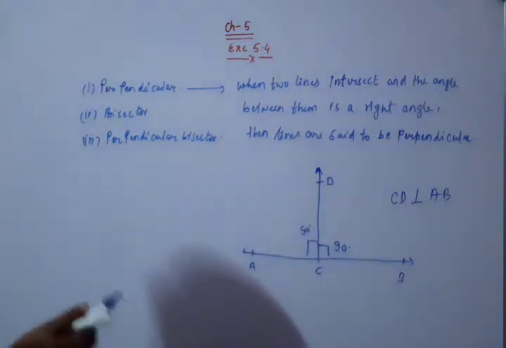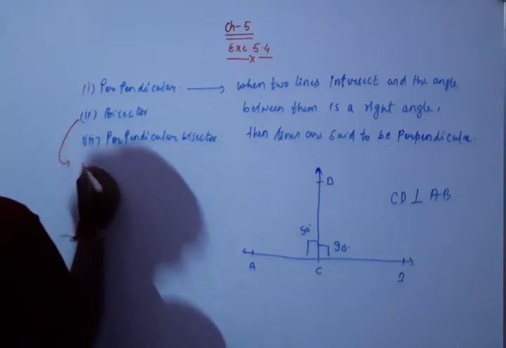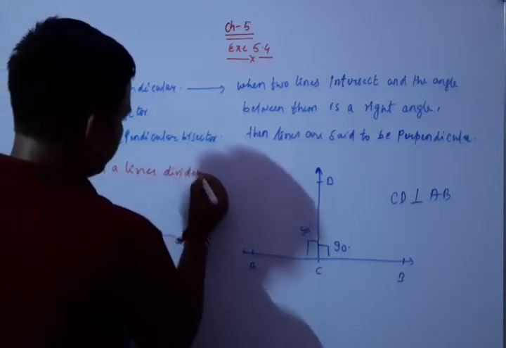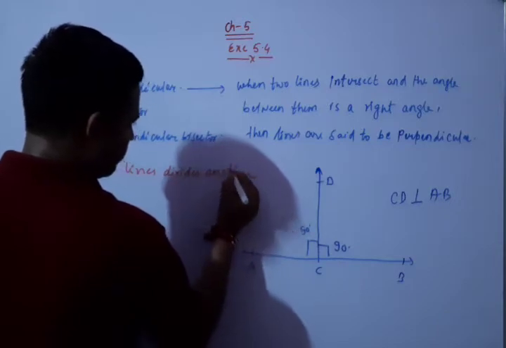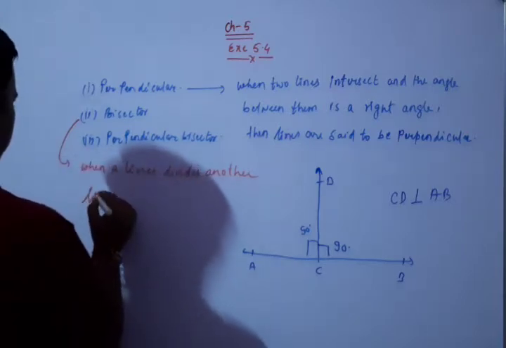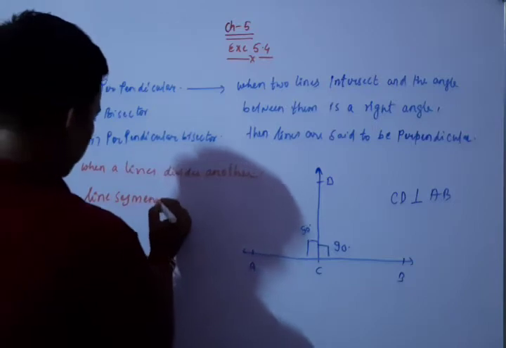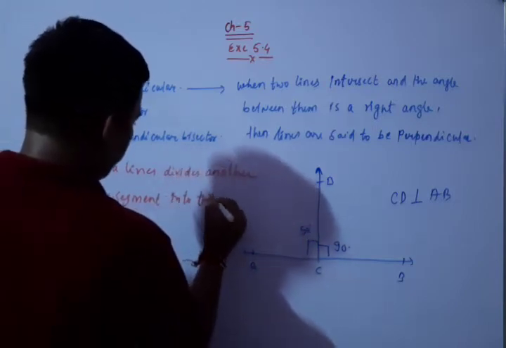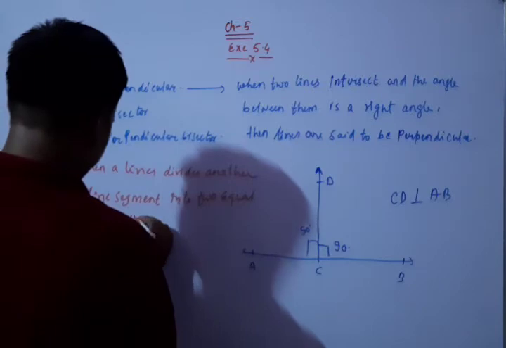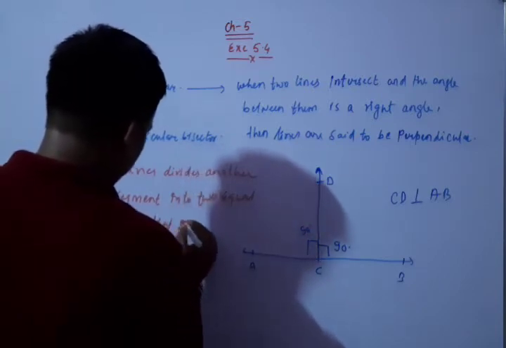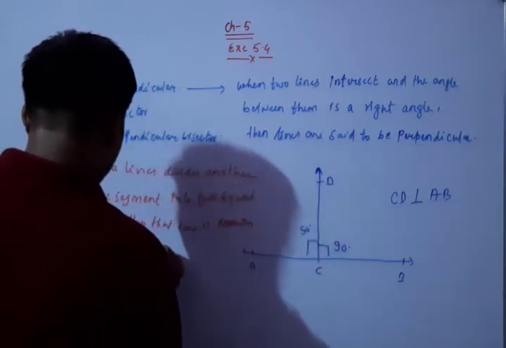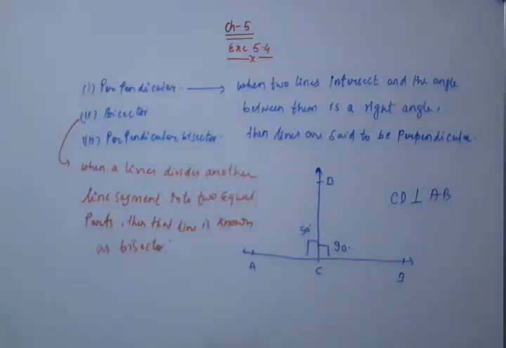When a line or a line segment divides another line segment into two equal parts, then that line is known as a bisector. Bisector means dividing into two equal parts.